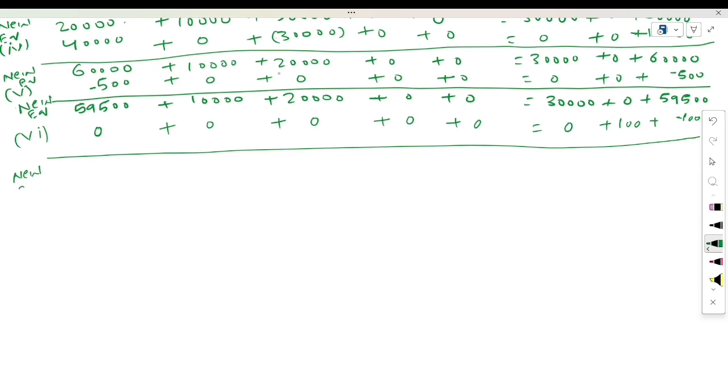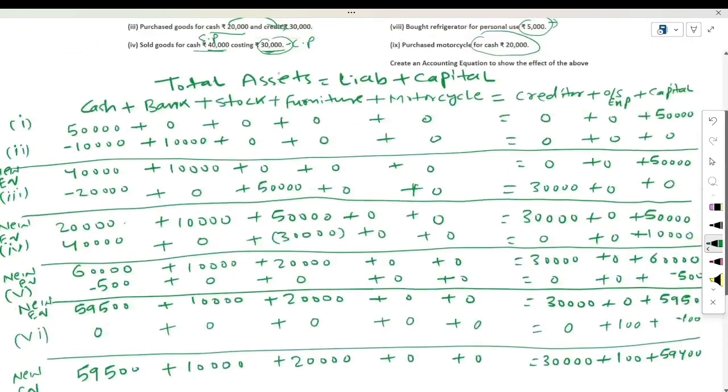The new equation will be 59,500 as it is, plus 10,000 as it is, plus 20,000 plus 0 is equal to 30,000 plus 100 plus 59,400.